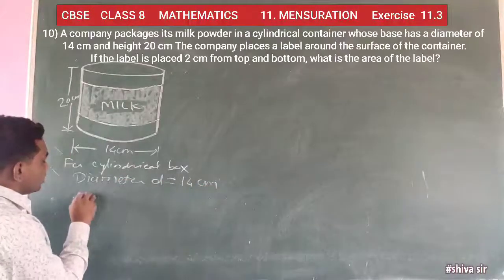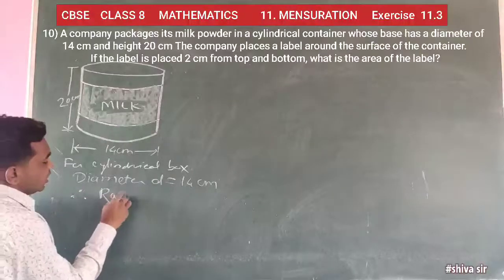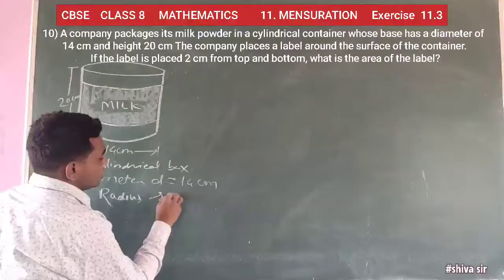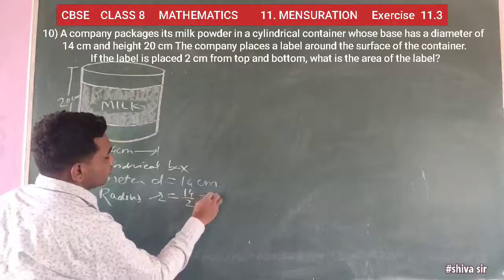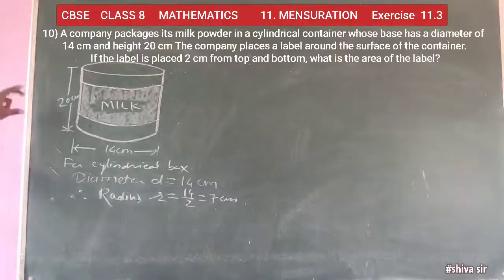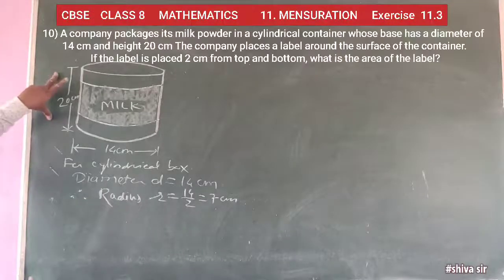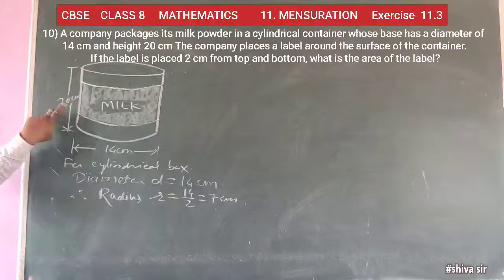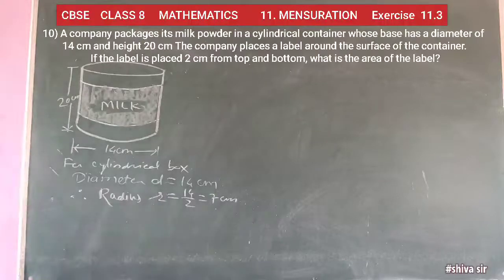If the diameter is 14, then radius R is equal to 14 upon 2, that is 7 centimeter. And the height of this cylindrical box is 20.